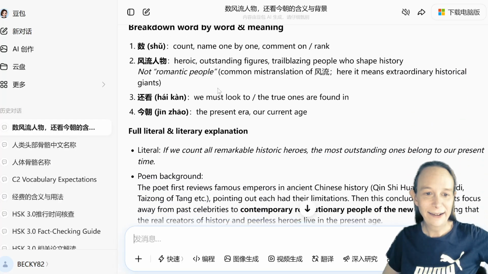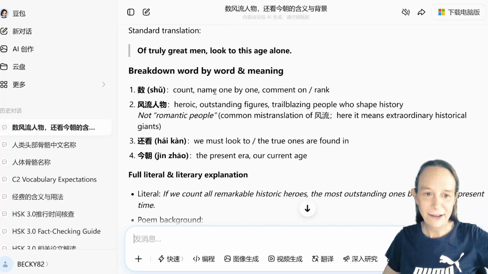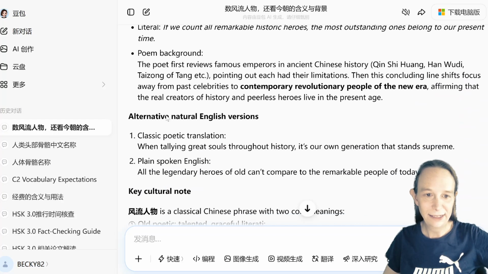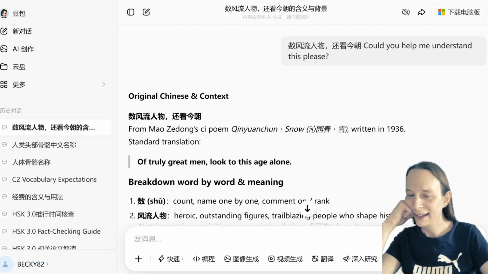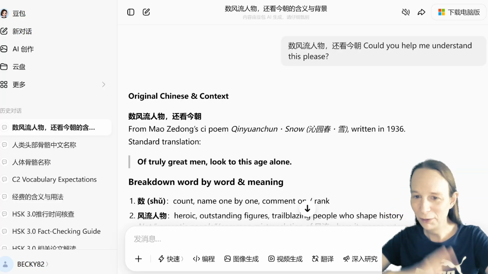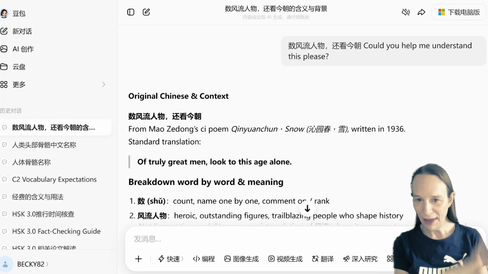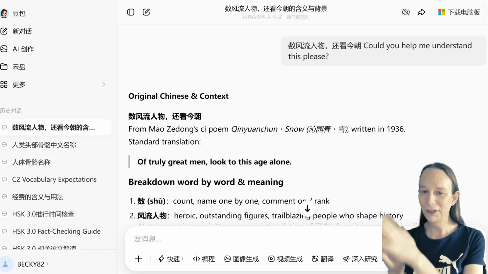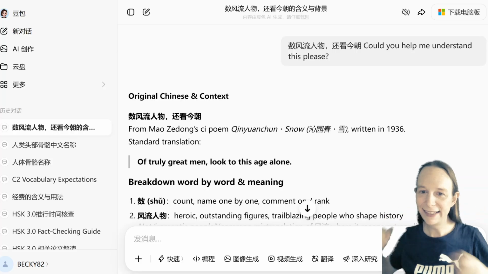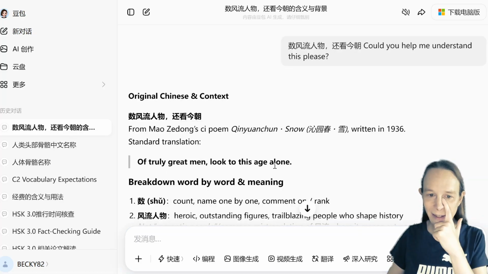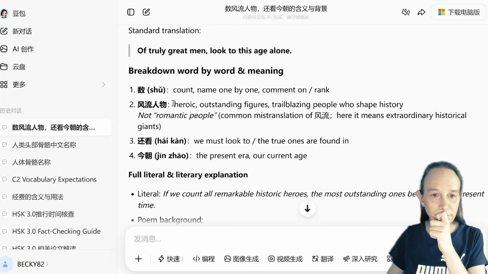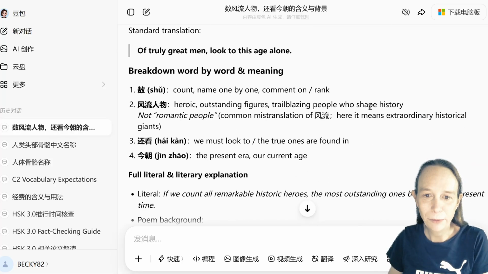All right. Now, so this is Mao Zedong saying we should not just look to the greats of the past, we should also look towards the greats of the present. Is that the idea? Is it look to alone? 风流人物.